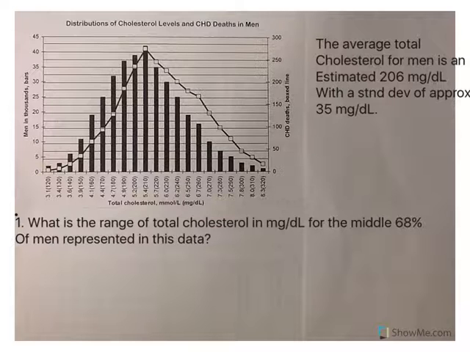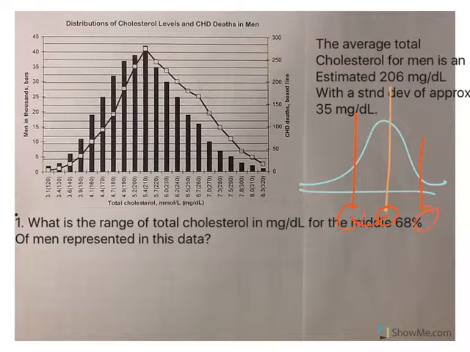So here we go. Number one, what is the range of the total cholesterol for the middle 68% of the men represented in this data? Well, middle 68, remember, bell-shaped curve, means in the middle, 68 is one standard deviation on each side. So if I have the mean, I'm looking for these two pieces here.